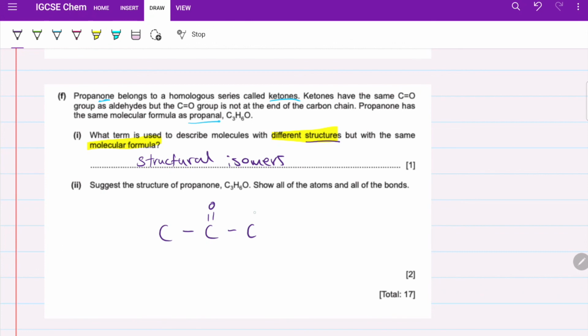So we have 1 here, another one here, 2, 3, there we go, we formed 4 total. We'll do the same here. Now if you count, there's 6 hydrogens, 3 carbons, and 1 oxygen. There you go, that's the drawing, and we're done this paper.